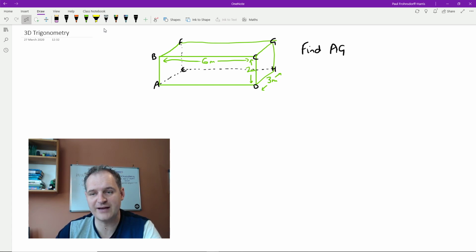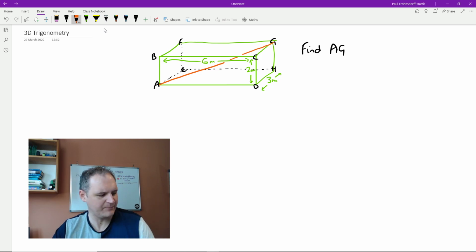Find the length of AG. And AG is here, but if you imagine inside this container, it's going from the top corner, behind all that stuff, to the far corner there.